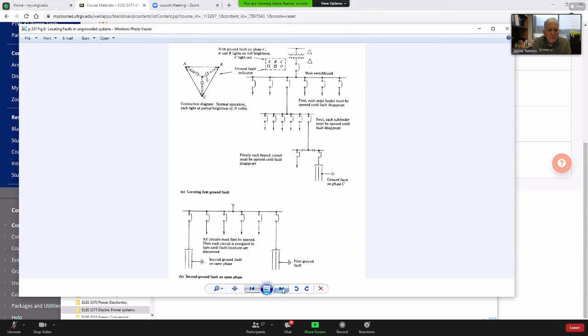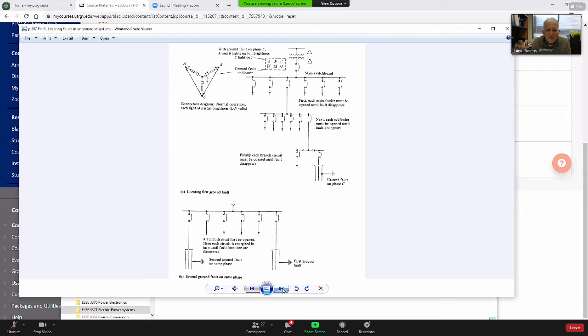And then you have a panel of those lights on dash lines, ABC. You see on the top, a panel ABC with those lights.